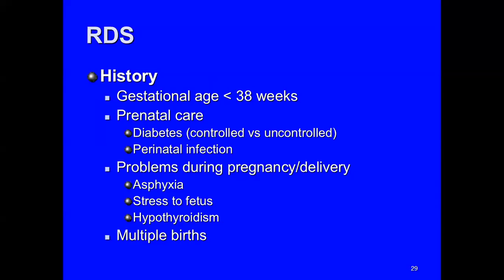This condition can occur at a gestational age of less than 38 weeks. There is also prenatal care, and diabetes mellitus, controlled versus uncontrolled diabetes. These are some conditions that can be implicated in the pathogenesis of respiratory distress syndrome.